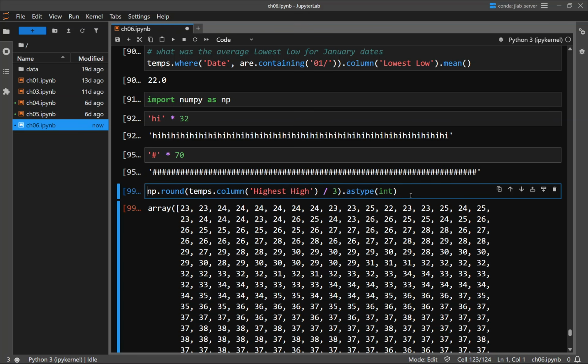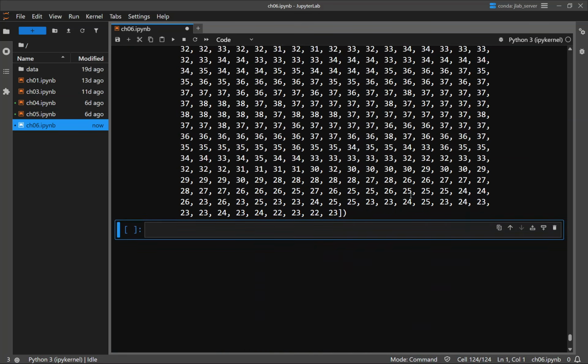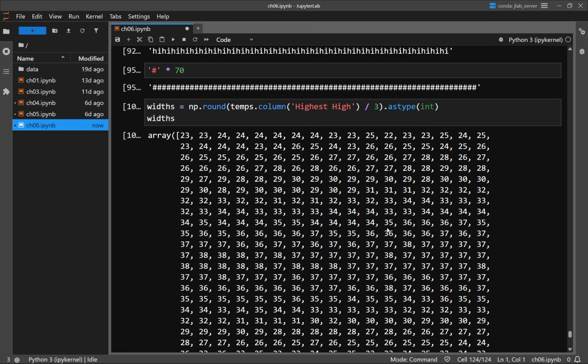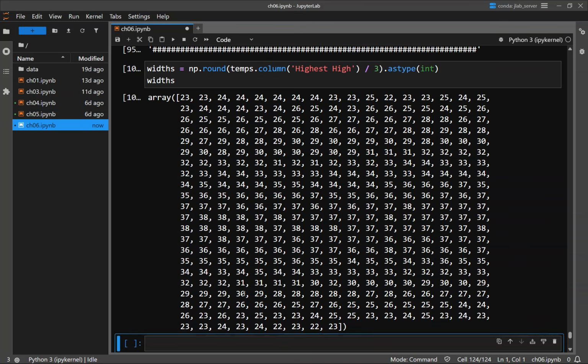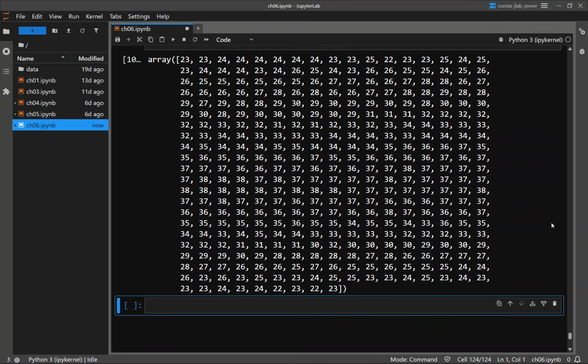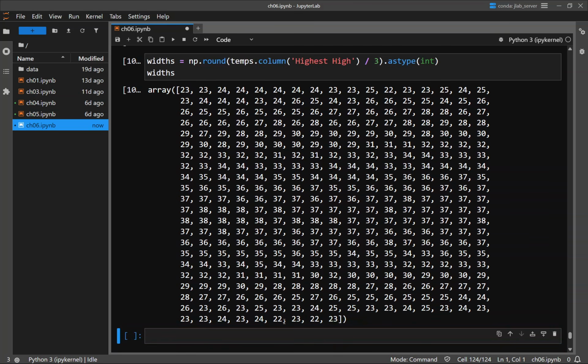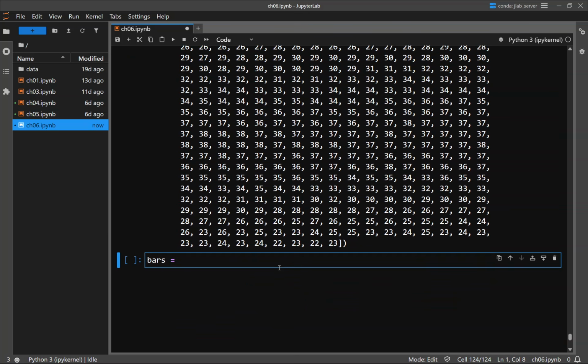So these are going to be the widths of our bars. We'll call that widths. Cool. It's a fun thought. And then all the bars will be number sign multiplied by each of these. So bars equals, and the way you do it is to multiply them all in.